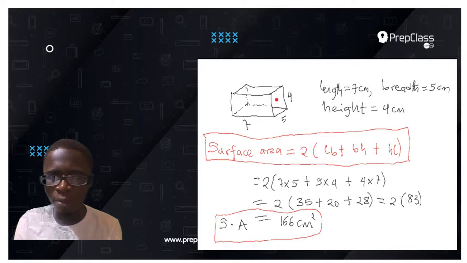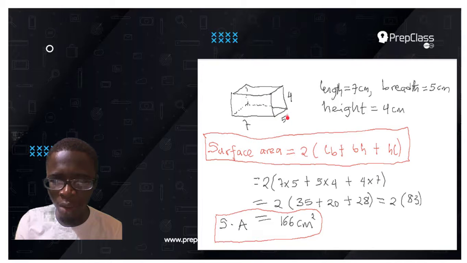A cuboid is a form of three-dimensional rectangle, because if you're looking at something that has breadth and length, that is in 2 dimensions, and that is a rectangle. But once the same rectangle has up to 3 dimensions, as you can see here, length, breadth, and height, what we're looking at is no longer a rectangle, but a cuboid.